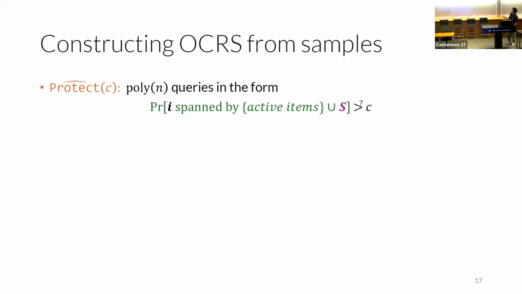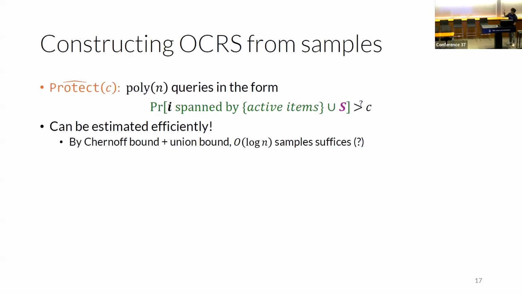And so our task is simple. We only need to derive a sample-based version of this subroutine, which seems to be a simple task because there are only polynomially many queries in the form of this probability, which we should be able to estimate efficiently by Chernoff bound and union bound.